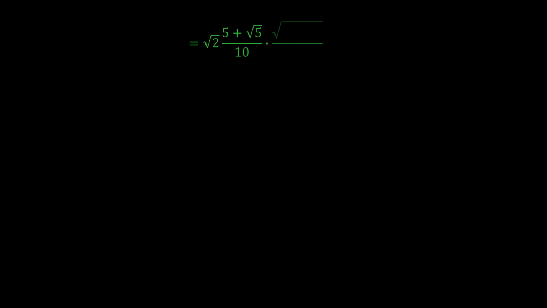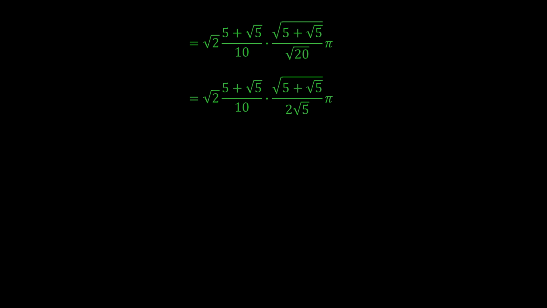And so in place of square root of 20, we have 2 root 5. And so this 2 times 10 here becomes 20. And then we can multiply both the numerator and denominator by square root of 5. And then the square root of 2 multiplied across, this becomes 10, and this becomes 2 root 5.